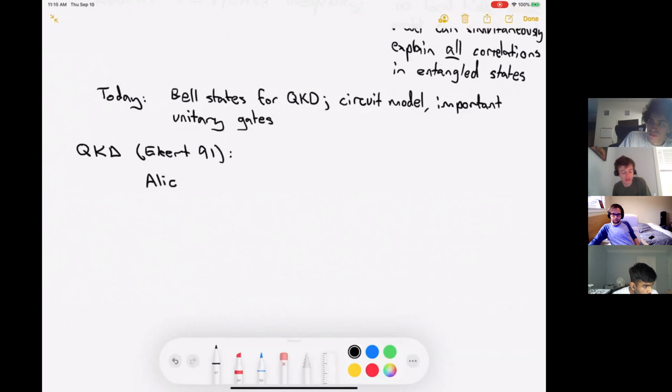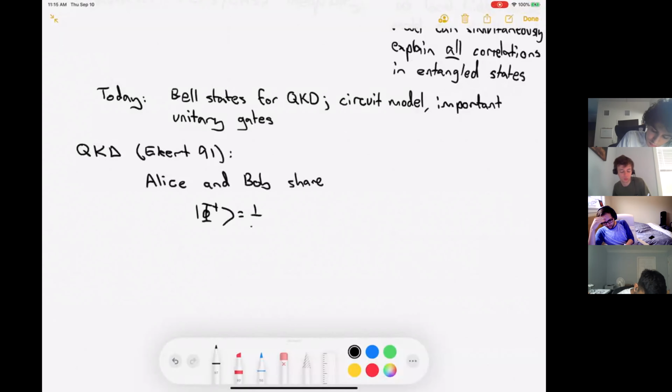In Ekert 91, Alice and Bob somehow set things up so that they share a Bell pair, phi plus, equal to |00> plus |11>.